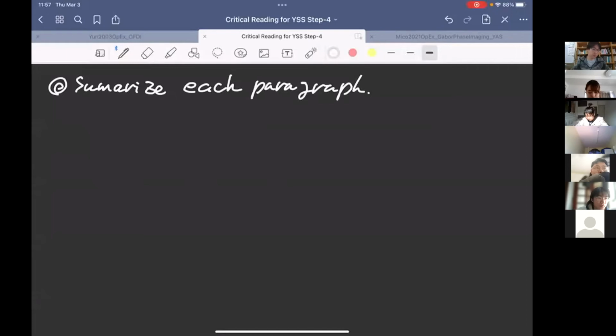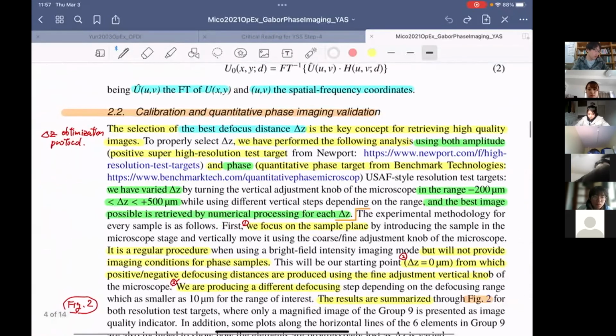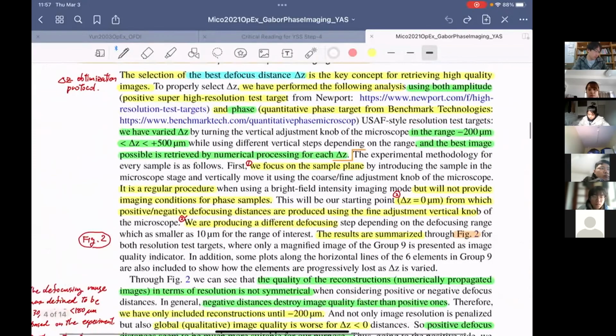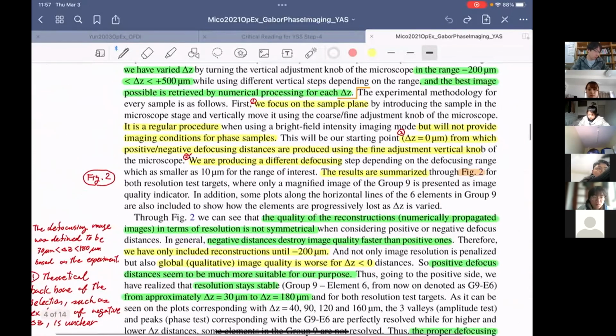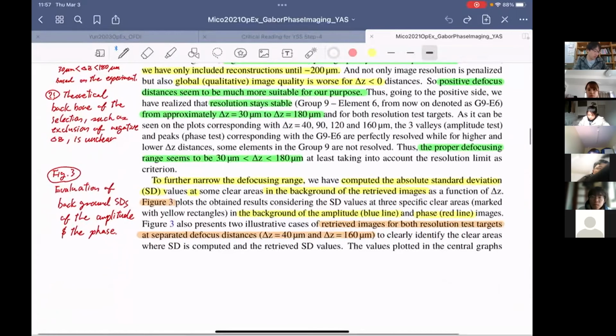When you read one paragraph, for this you can use these symbols and the colors we've already talked about. And then after reading each paragraph, you can summarize or make an abstract of each paragraph next to it like this.